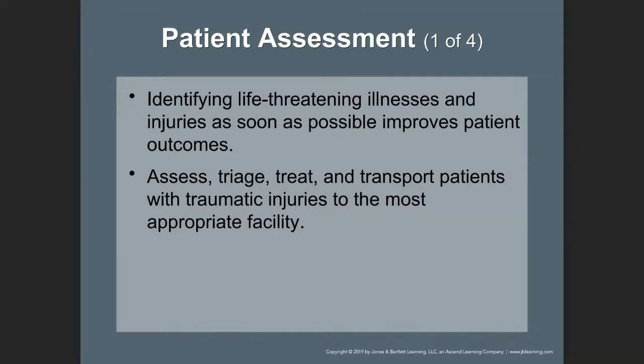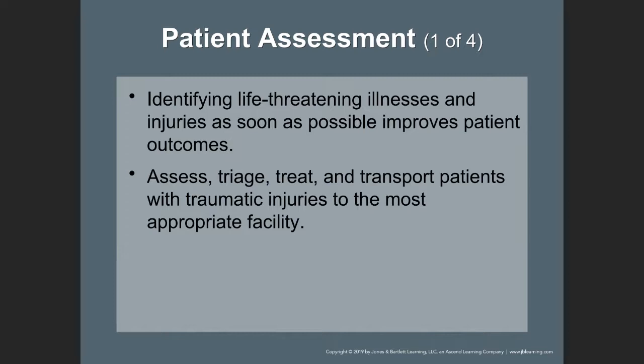A trauma patient that is critical, that is not responsive, usually doesn't have a good outcome on scene. So if they're in respiratory arrest after a traumatic injury or cardiac arrest, their outcome is very slim. For them to have the best chance of survival, a proper response team is needed.